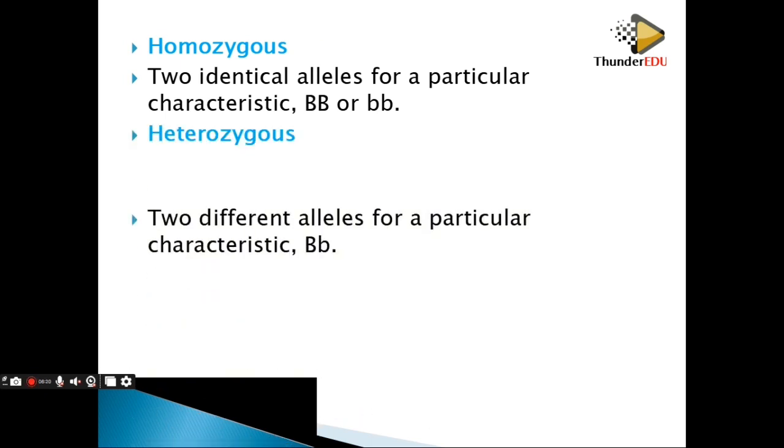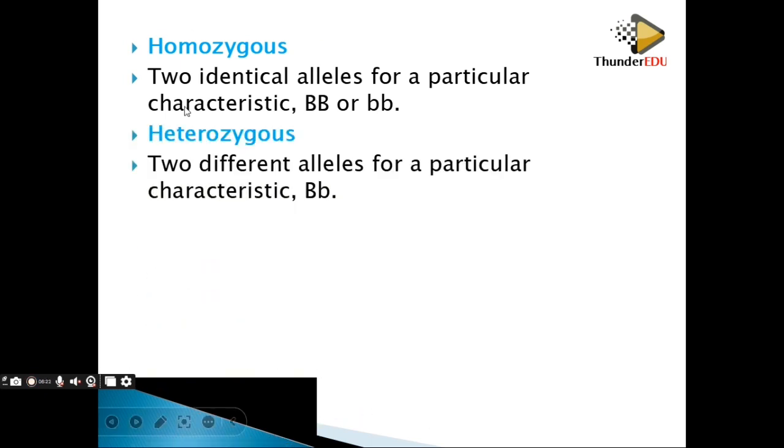Then we have heterozygous. But remember, homo means same, hetero means different. So hetero is two different alleles for a particular characteristic. Once it is like this, we know that the dominant allele is the one that is going to appear in the phenotype.